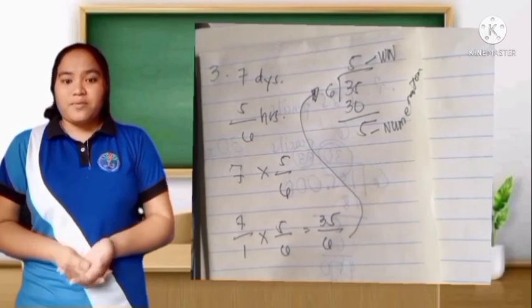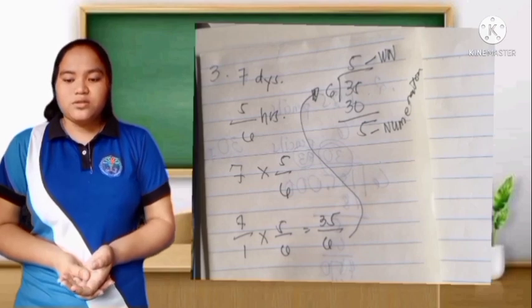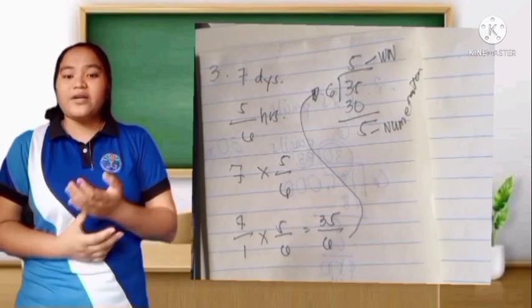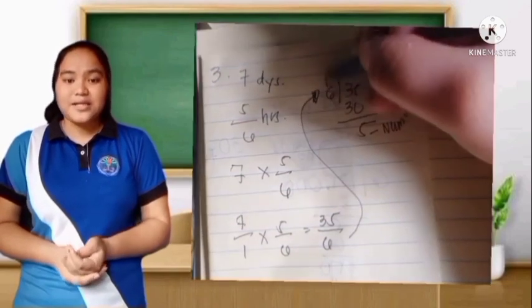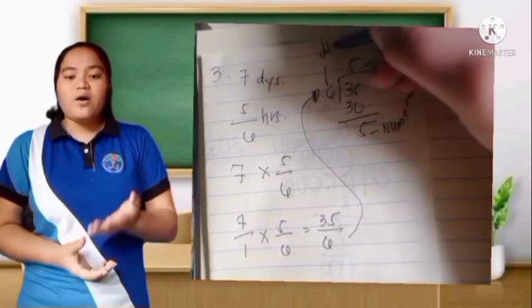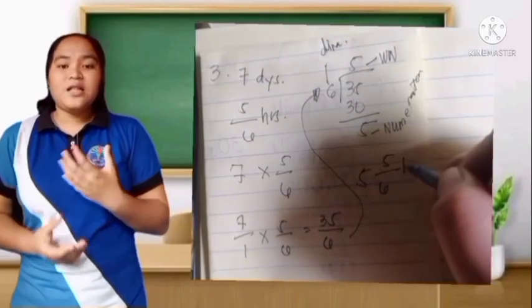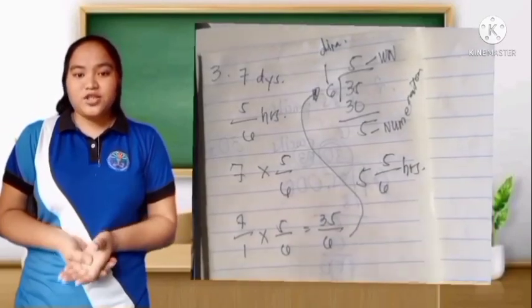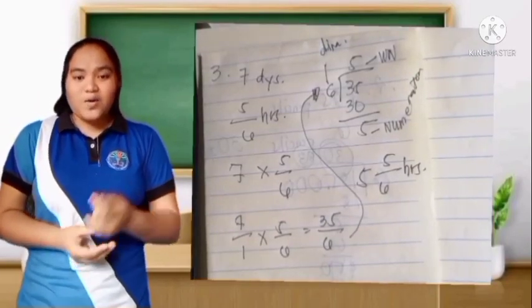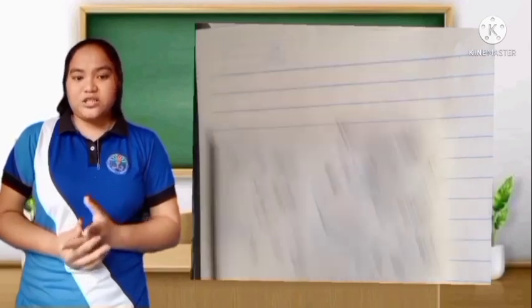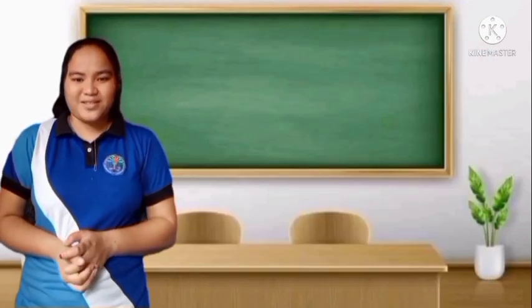So, the numerator is 5. And our denominator sa baba po natin is the 6. So, 5 and 5/6. This is the solution on how the given answer, which is 5 and 5/6, is being solved.